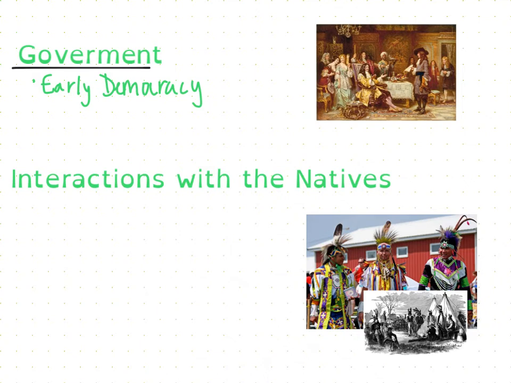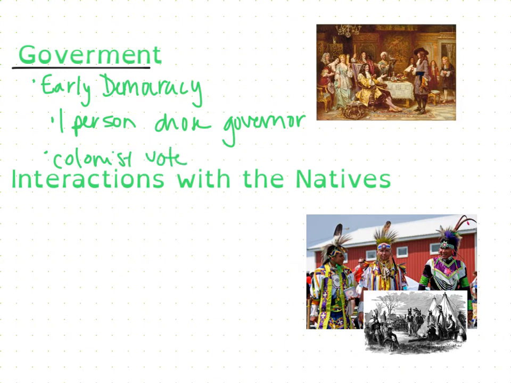The way this worked is that one person chose the governor, and then all of the colonists got to vote for everyone else in power.